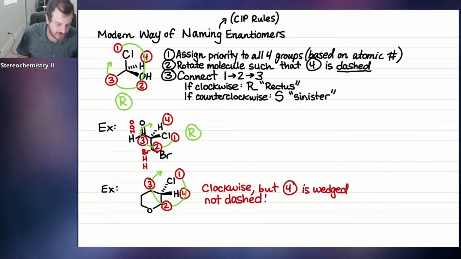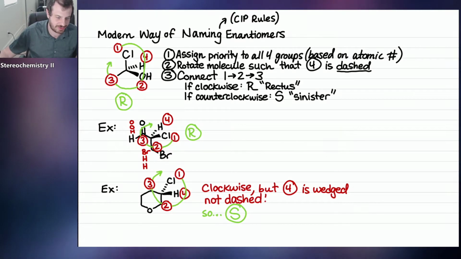So in this case, when the lowest priority group is a wedge instead of a dash, you just flip your answer. Don't worry about rotating the molecule, just flip your answer. We would normally predict this movement to be clockwise, so R, but since 4 is wedged and not dashed, just flip your answer to the other one and make it S.